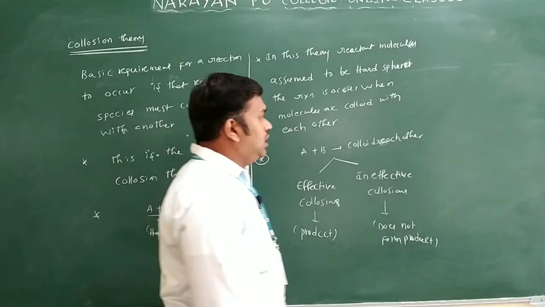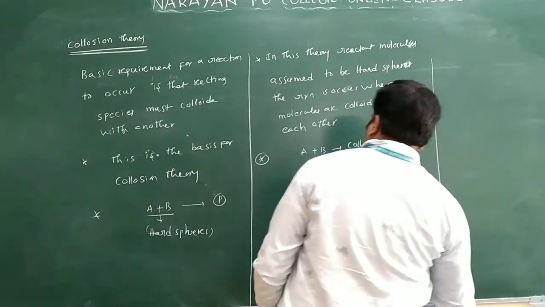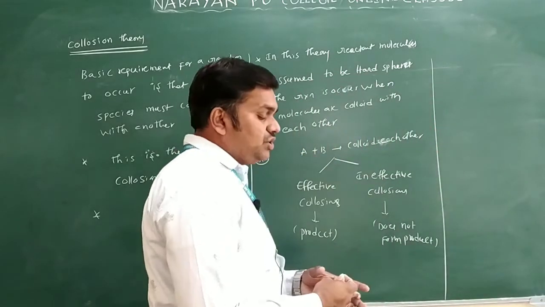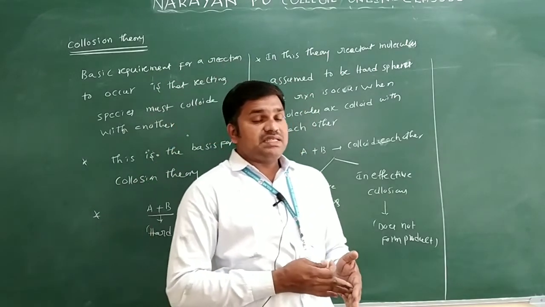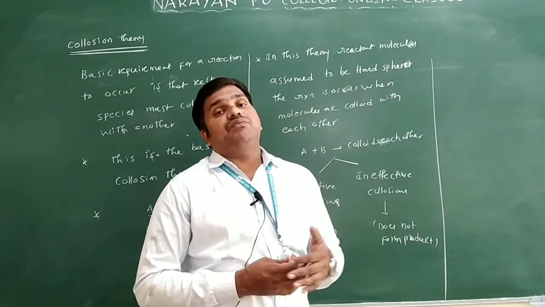Now we'll see one point here. Whenever the A and B molecules collide with each other, we have to identify how many collisions take place per second per unit volume of the reaction mixture.